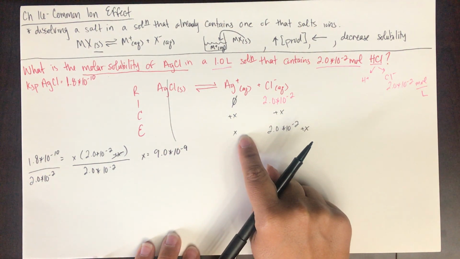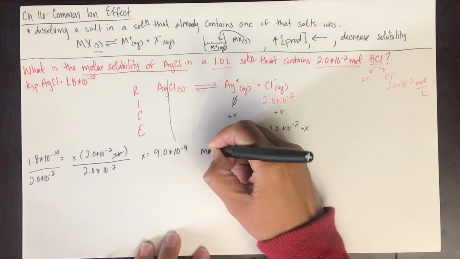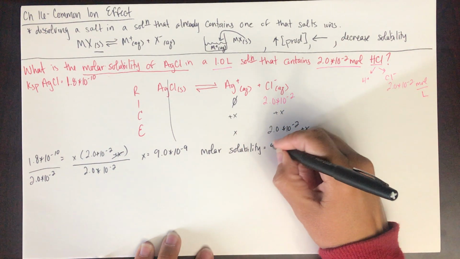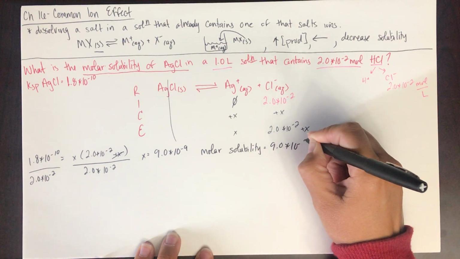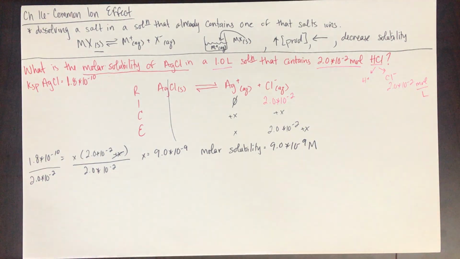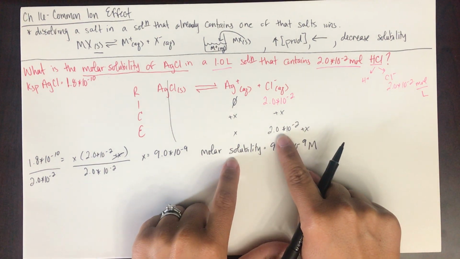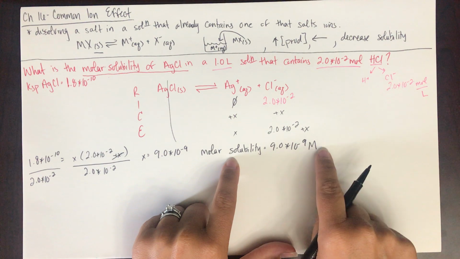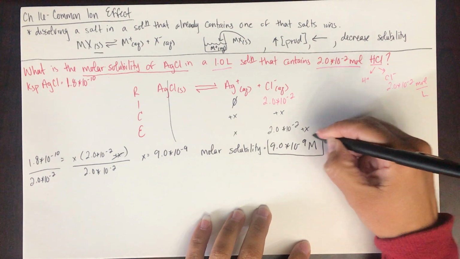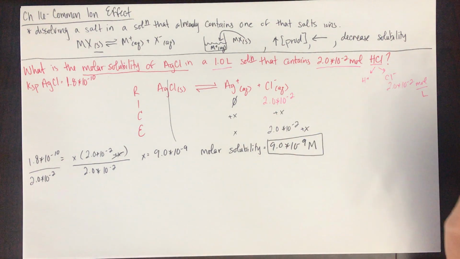That is the amount of silver chloride that breaks apart. So the molar solubility equals 9.0 times 10 to the negative 9 molar. And we can see that x was negligible because 2.0 times 10 to the negative 2 plus 9.0 times 10 to the negative 9 is still going to be 2.0 times 10 to the negative 2. So this is the molar solubility of silver 1 chloride in a solution that already contains some chloride ion.